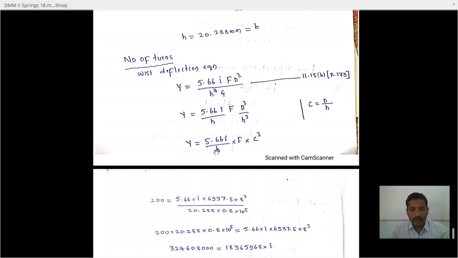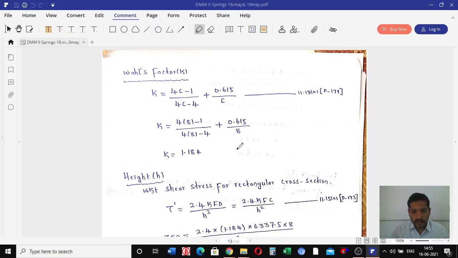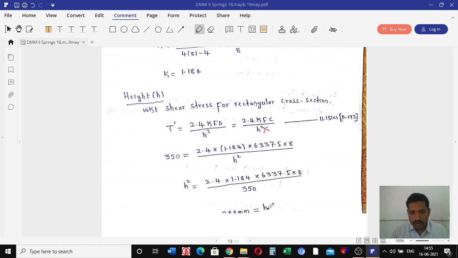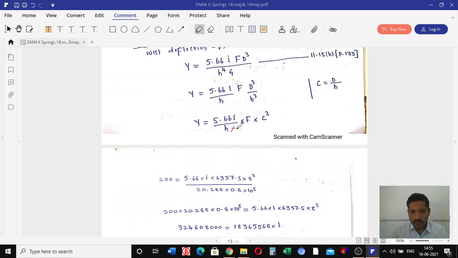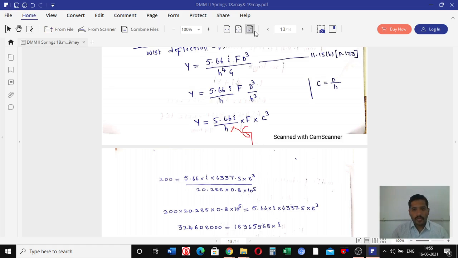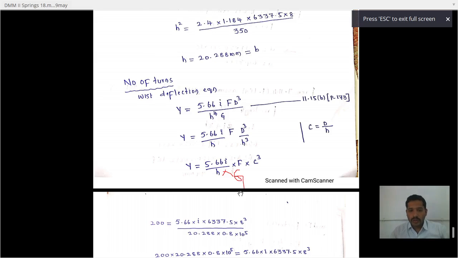I forgot to write this g here, so I will write it: into g.